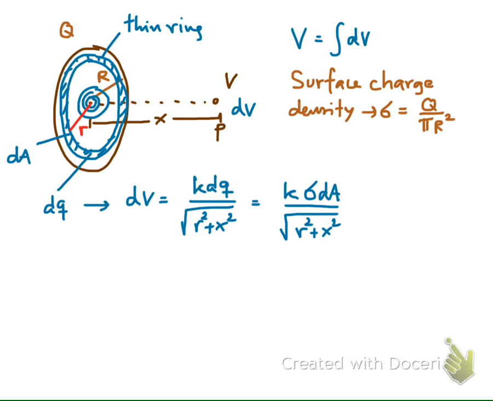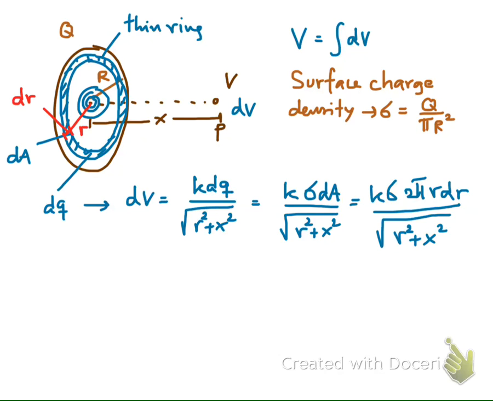Since we assume a thin ring, dA is equal to 2 pi r dr. So dV is equal to k sigma 2 pi r dr over the square root of r square plus x square. Here dr is the thickness of this ring. This is dr.